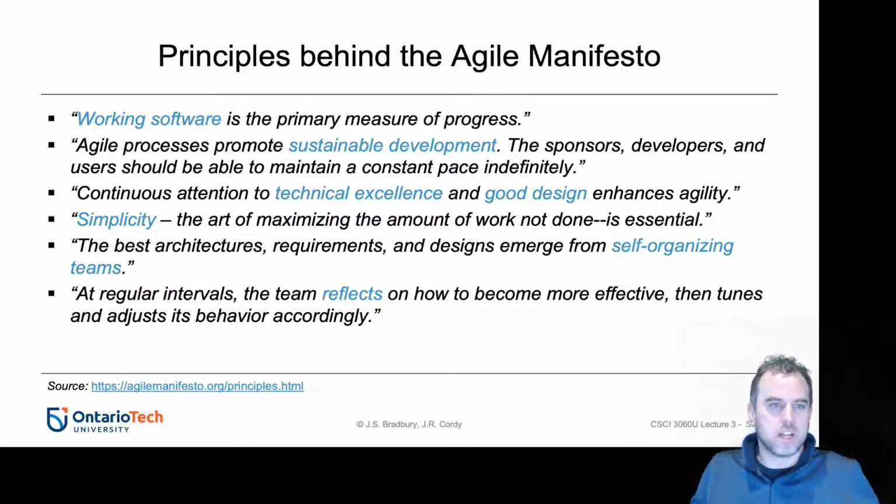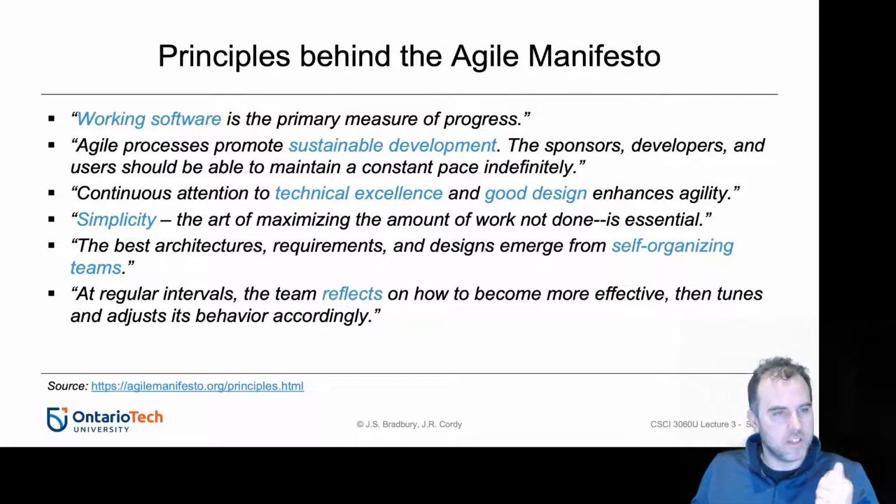So sustainable development. They also talk about the importance of technical excellence and good design, and how those things enhance agility. They talk about simplicity, and I'm going to get back to simplicity when I go through the first agile development method in the second half of this lecture. But basically simplicity is essential, right? You don't overcomplicate things in terms of how you design, how you program, or how you do any of the activities.